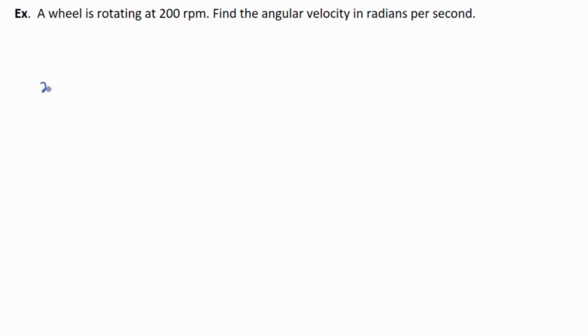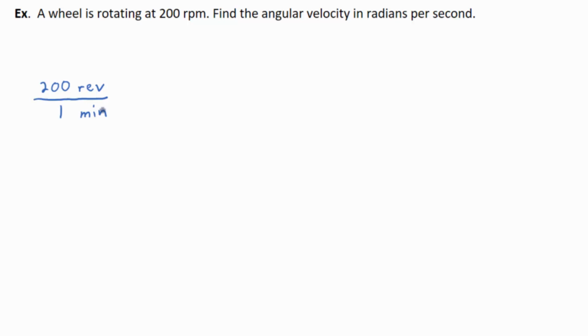We have 200 RPM. I'm going to write it as REV for revolutions, and then the division bar is the P, the per. So it's 200 revolutions per 1 minute. That's what 200 RPM means. It's equivalent to that statement.